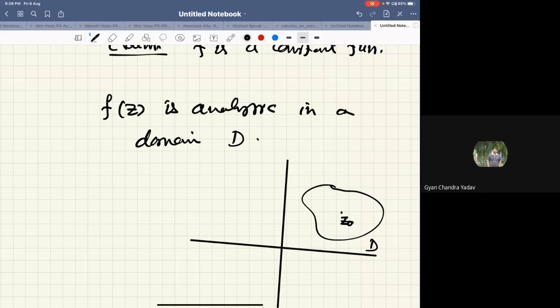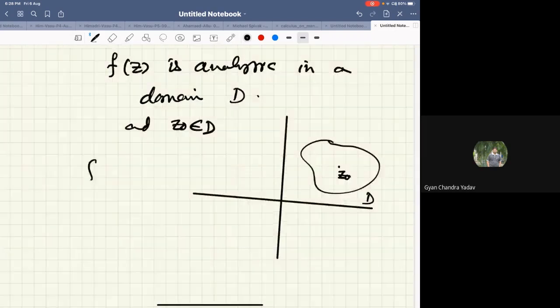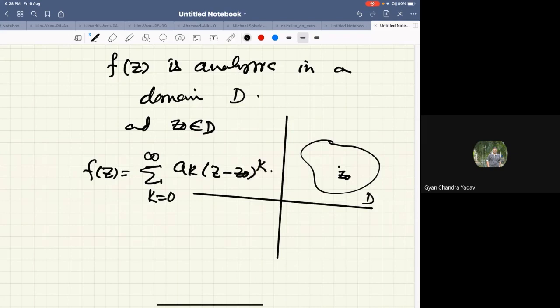So I will write f of z as the summation k equals 0 to infinity a_k times (z minus z0) to the power k. Is it okay?